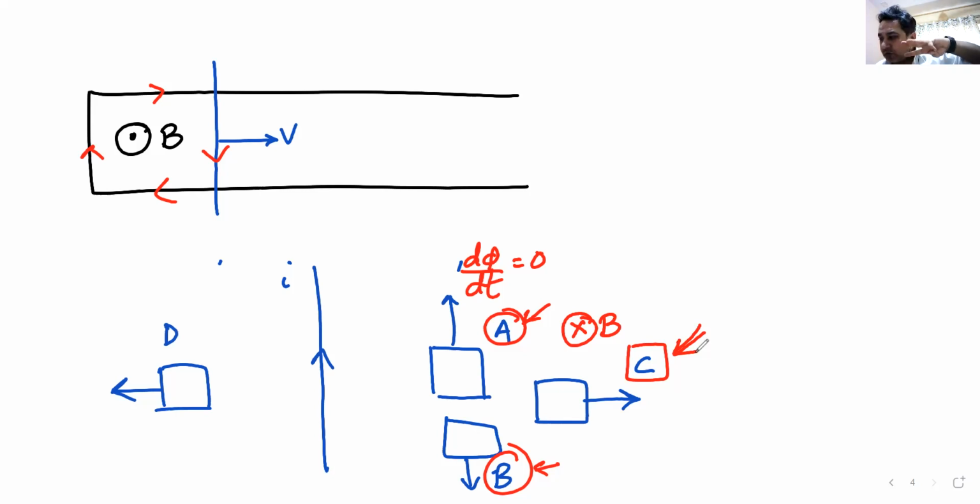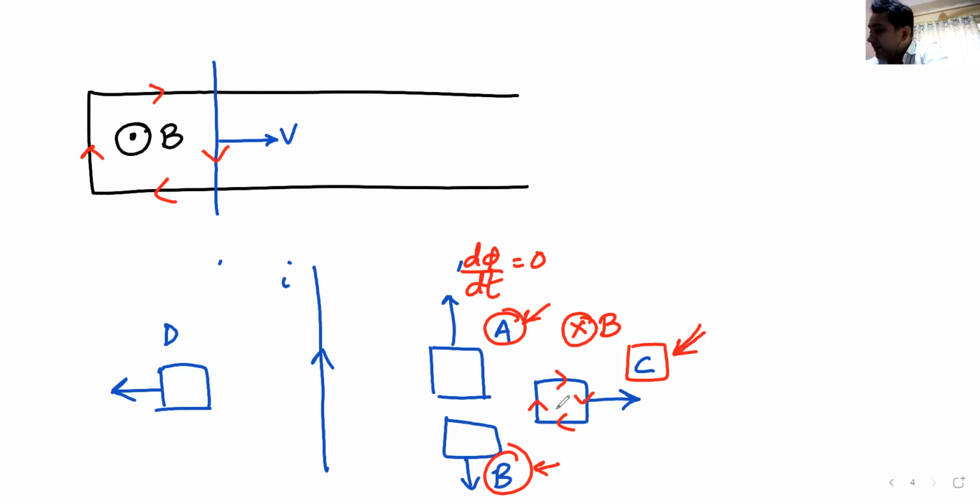How do you oppose it? By increasing it. How do you increase it? By clockwise current, because you have to create a magnetic field in the same direction. So clockwise current should flow.